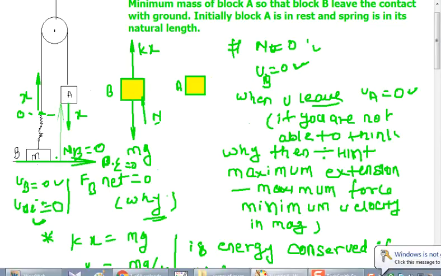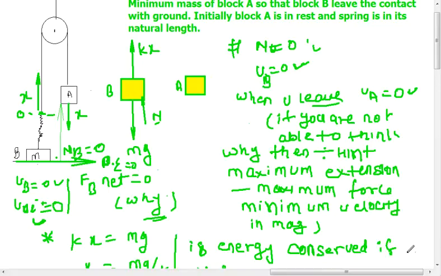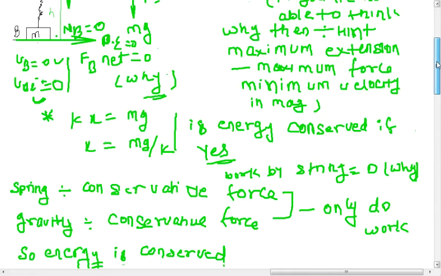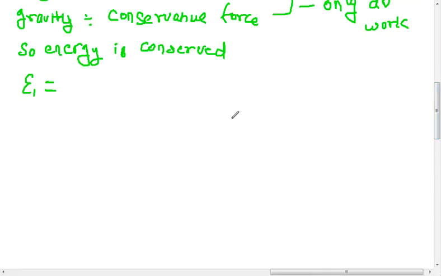So the initial potential energy will be mgh. Okay, mgh.